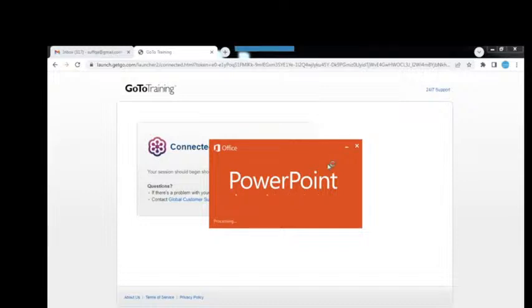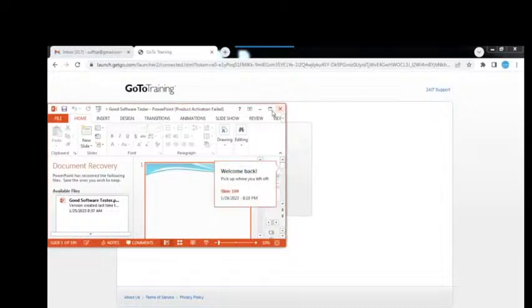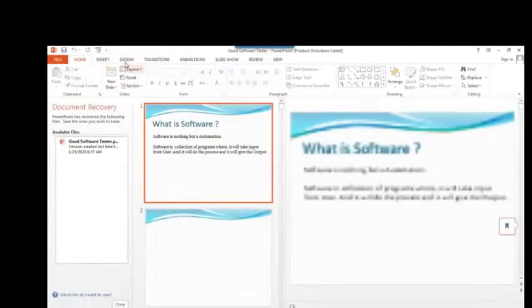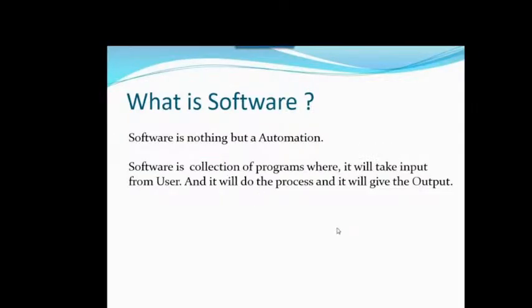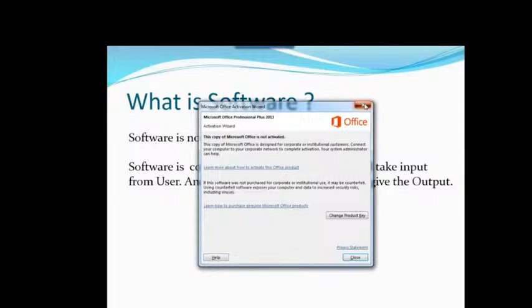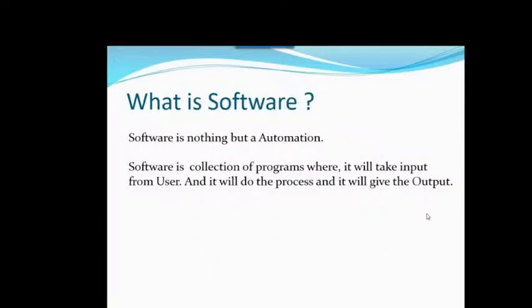On my screen it said connected to go to training. Is that what it's supposed to be? Are you able to see my screen? I'm not seeing your screen. I just have this connected to go to training. Once you are connected, you will be able to see my screen. Okay, thanks, no problem.